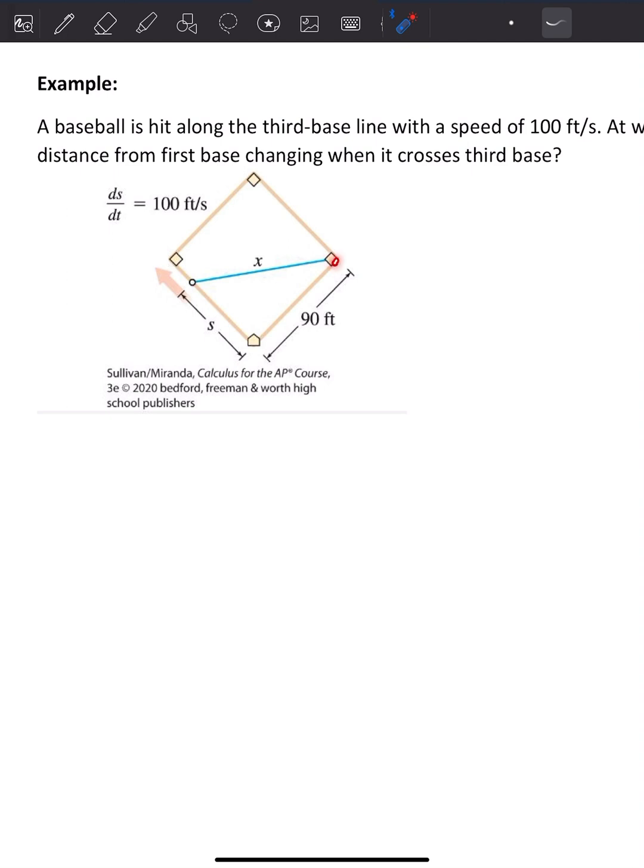So if we look at what we have, a right triangle. I'm going to go ahead and just copy this triangle here and then move it.